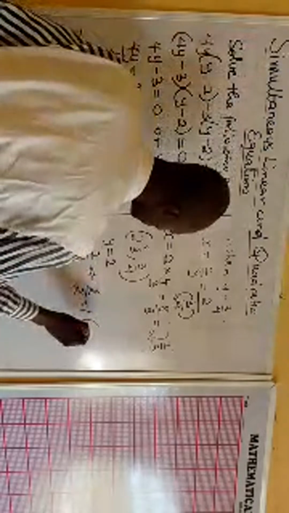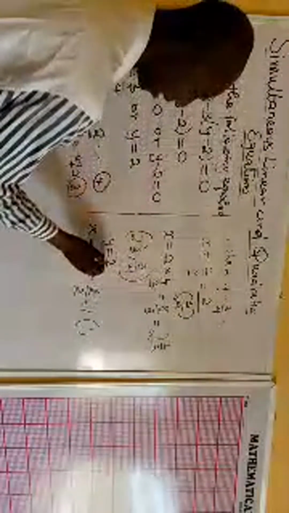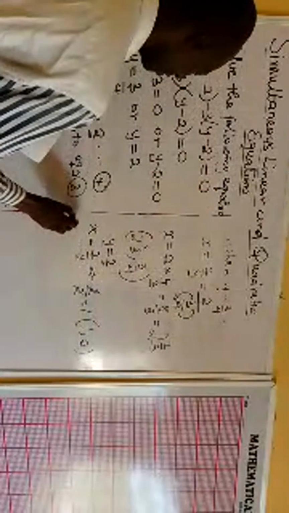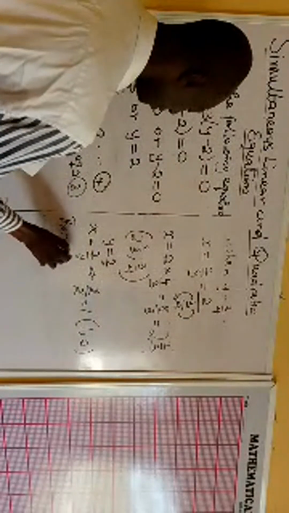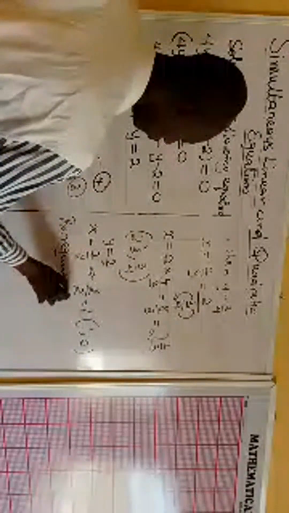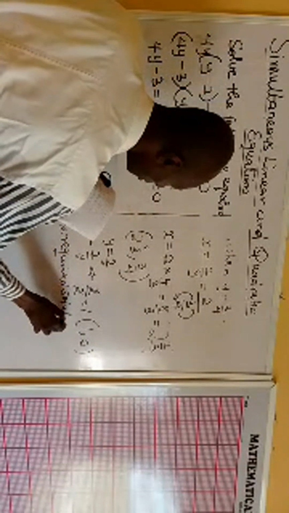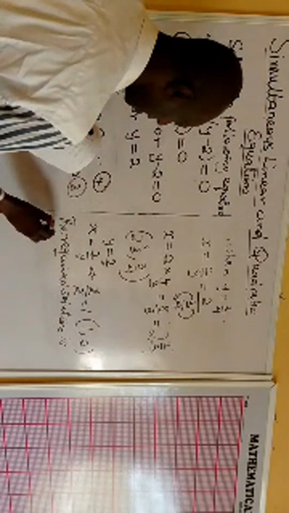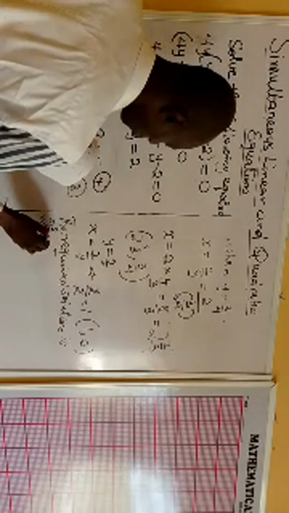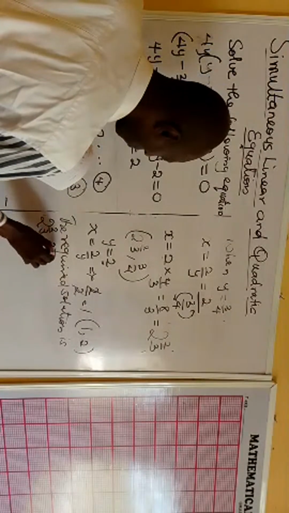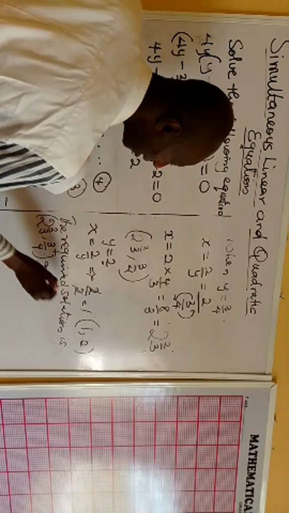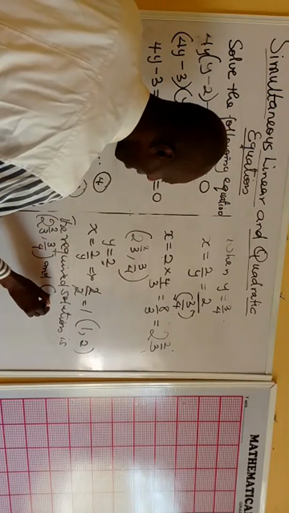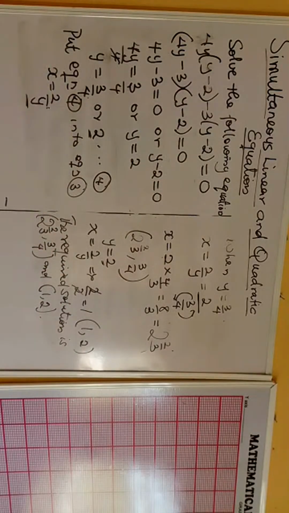So therefore, 1 comma, what is y there? 2. Therefore, the required solutions are, the first one is 2 whole number, 2 over 3, comma, 3 over 4, and 1, comma, 2.